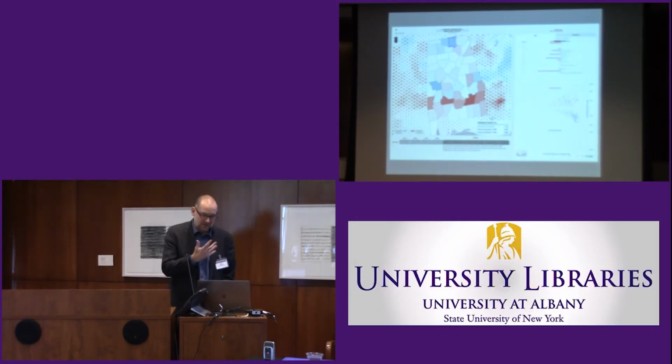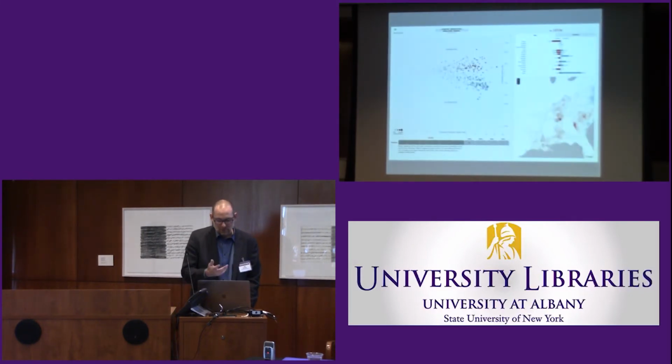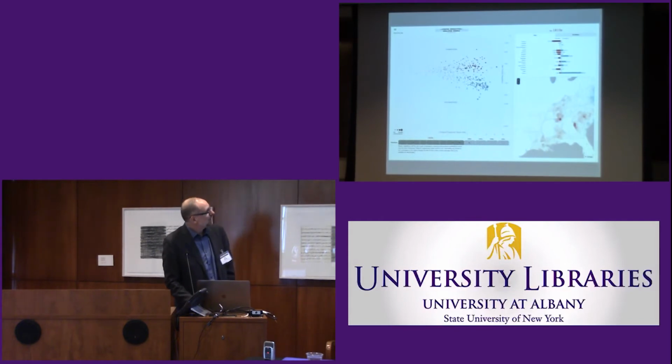So you can see the pattern here. Another way of looking at this pattern, real quick, is a little more complicated, but really revelatory. What you see on the x-axis is enslaved people per square mile.